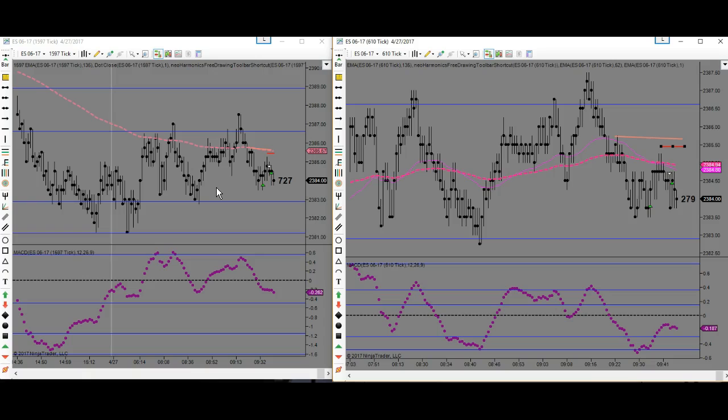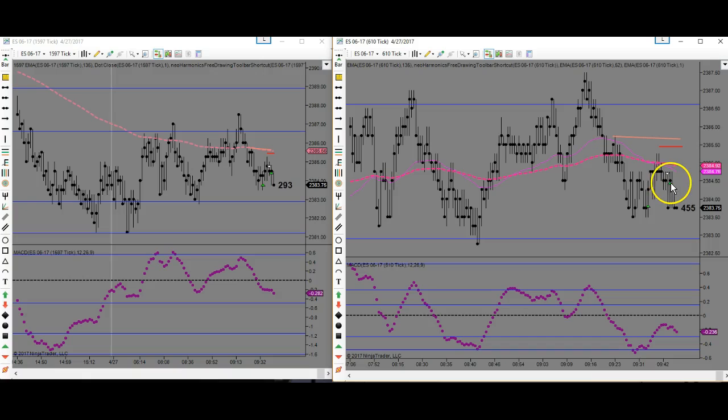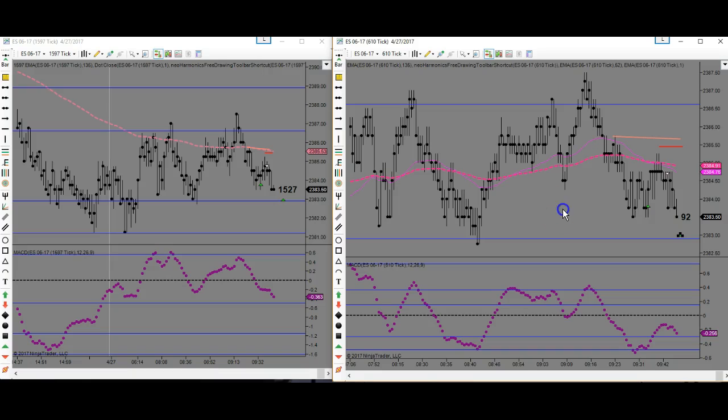Starting to get a spread of the EMAs. Nice push down. Then your next target would be right about here. I'm not sure. There we go.